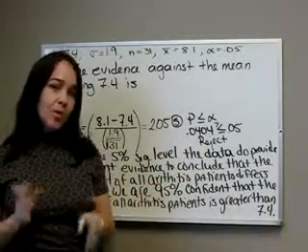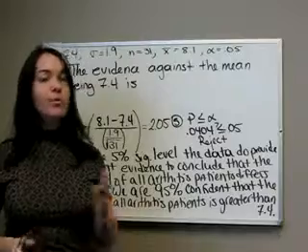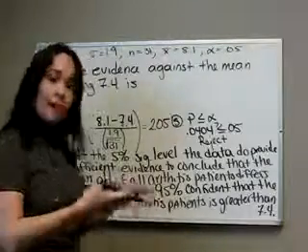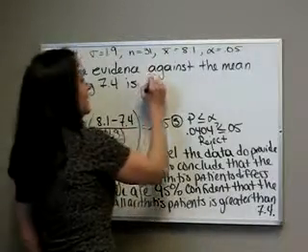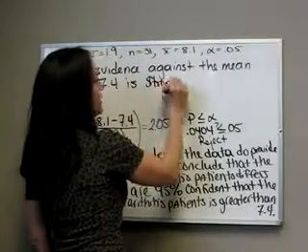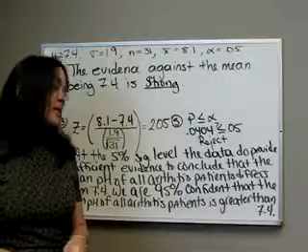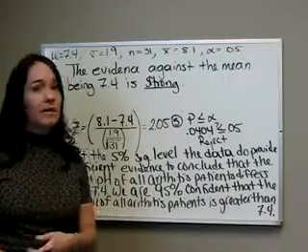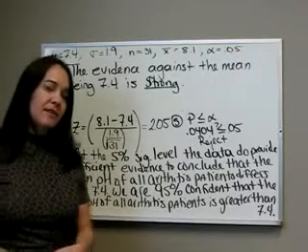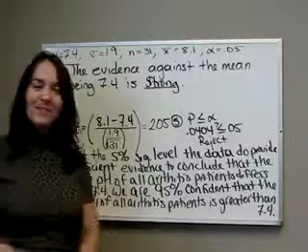Since it's between 0.01 and 0.05, based on our table, that is a strong evidence. That concludes the one population mean hypothesis test using the p-value approach.